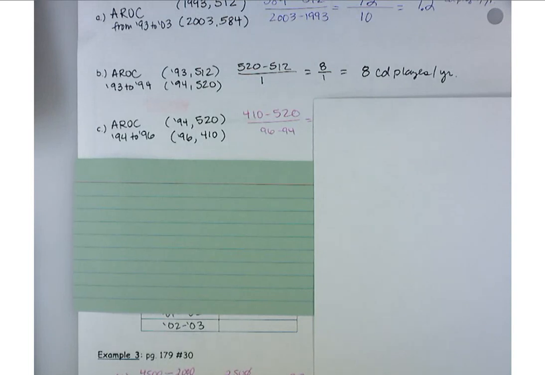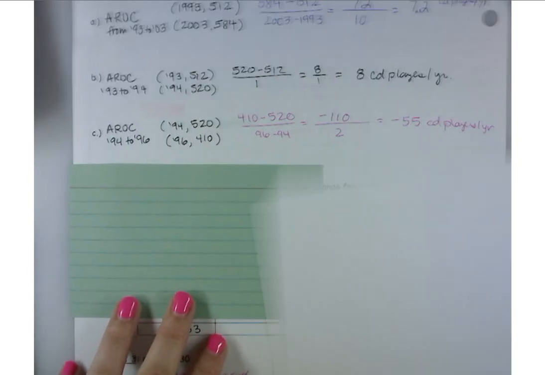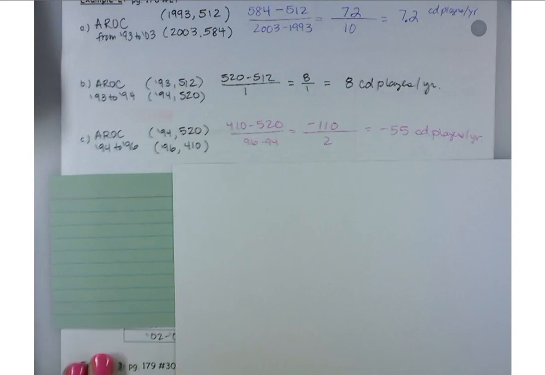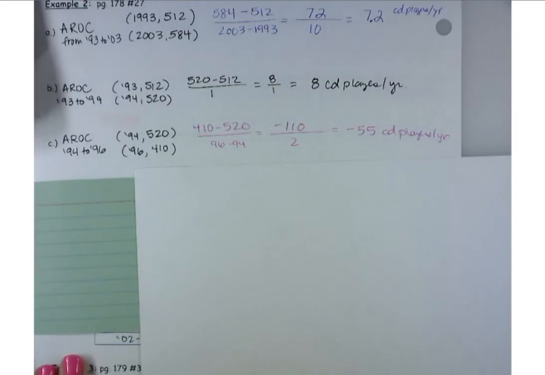So like to get from 410 to 510 would be 100, right? And then from 510 to 520 would be 10 more. So it'd be 110. And that would be positive or negative for this? Negative, okay? And that's because the bigger number is going to be negative over 2. So half of 110 is 55, so it's negative 55 CD players per year.